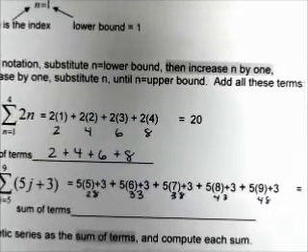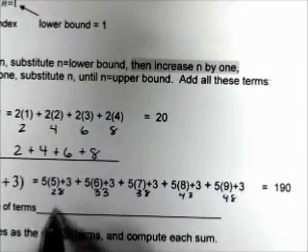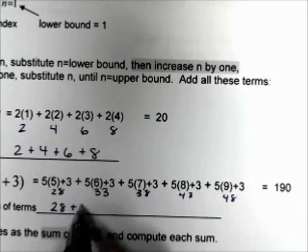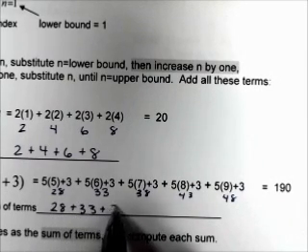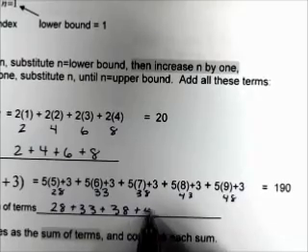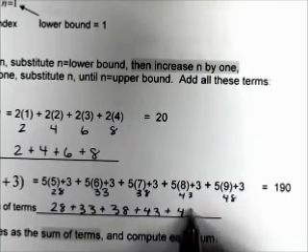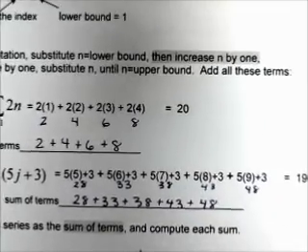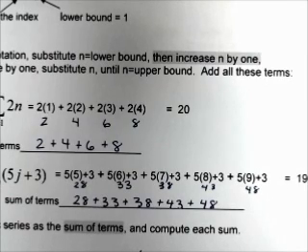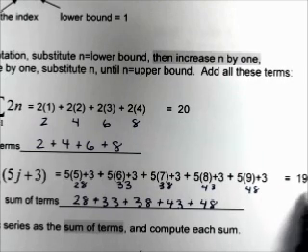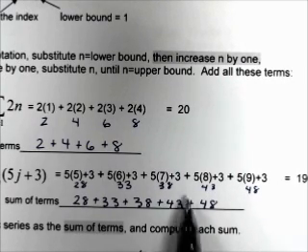So the sum of terms is 28 plus 33 plus 38 plus 43 plus 48. Writing this as a sum of terms, and the overall sum is 190 if we were to add these all up.